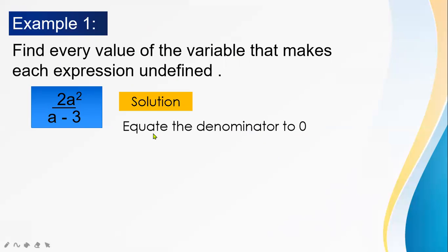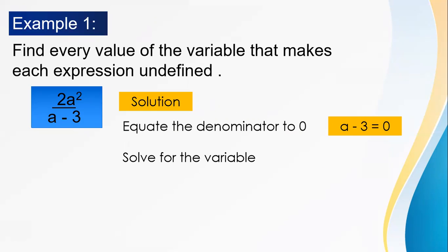So again, equate the denominator to 0. So therefore, we have a minus 3 equals to 0. So this will be your denominator. We are only looking for the denominator, not the numerator. So we have a minus 3 equals to 0. And after that, solve the variable.